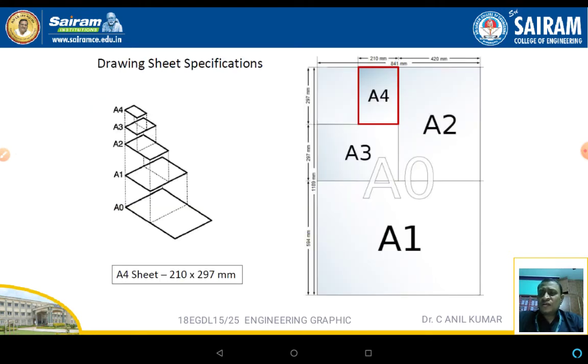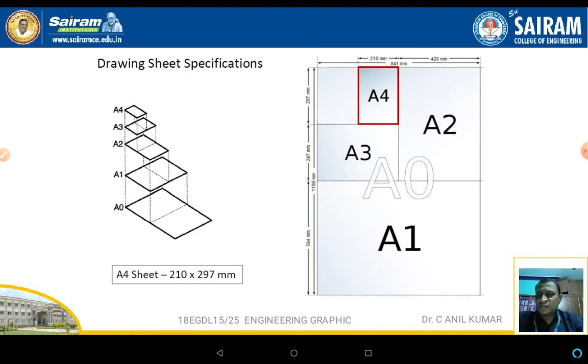Now, coming to the drawing sheets, drawing sheets have a specified size and dimension. Most of the time we know only the A4 size sheet, but it starts from A4 and ends at A0. A4 twice is A3.